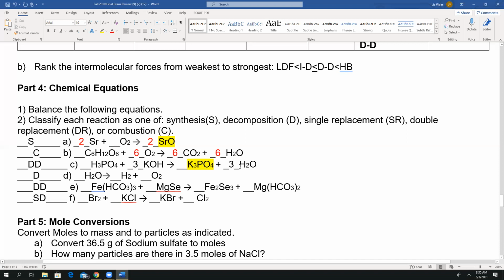So that means we need 3 hydrogens on this side, 6 hydrogens on that side. And now let's see if the oxygen's balanced. Oxygens, here we have 3. Over here we have 3. So yes, it's balanced. Okay. So we needed a 3 there.